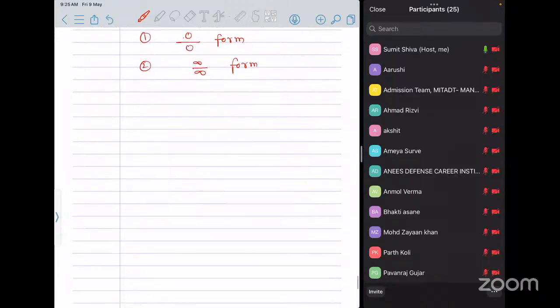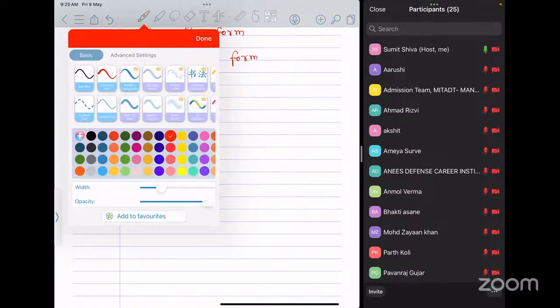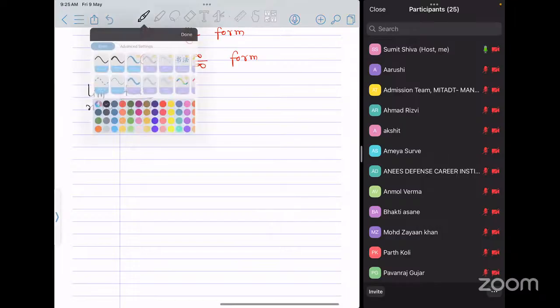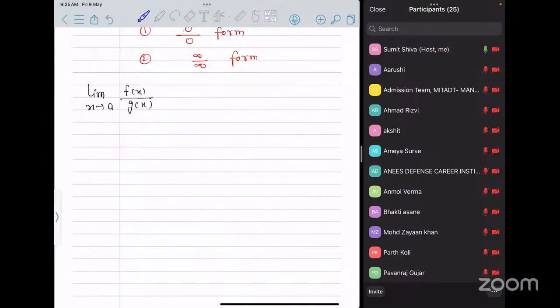How will it work? Let's say you have limit extending to a f of x divided by g of x, and when you substitute the limit, the format is going to be 0 by 0.